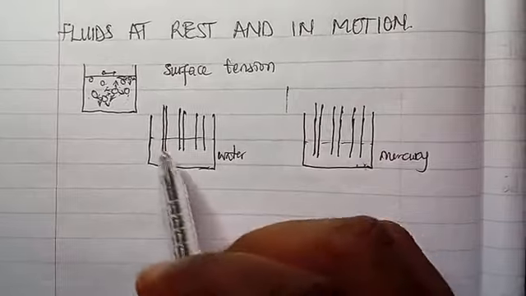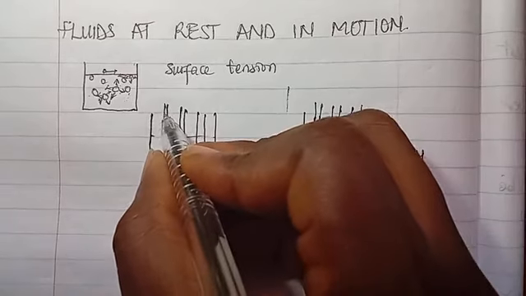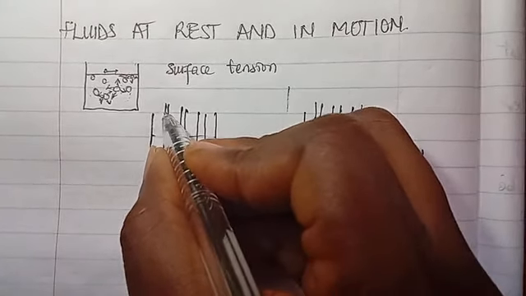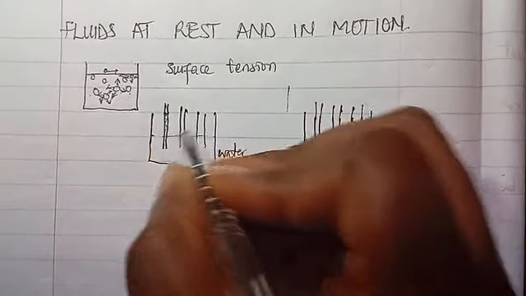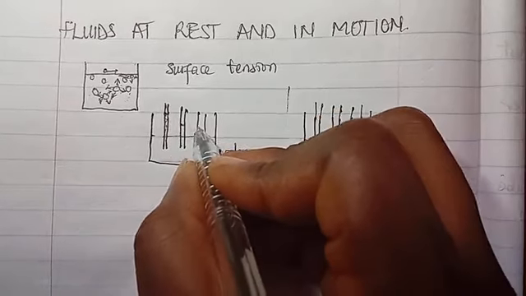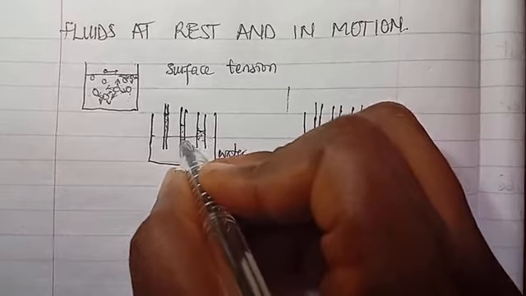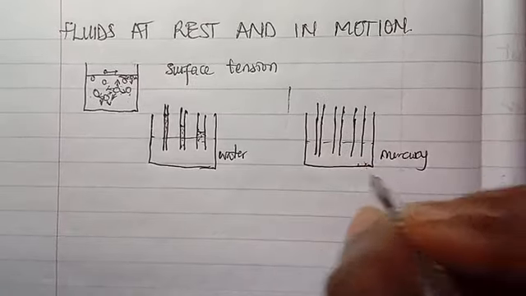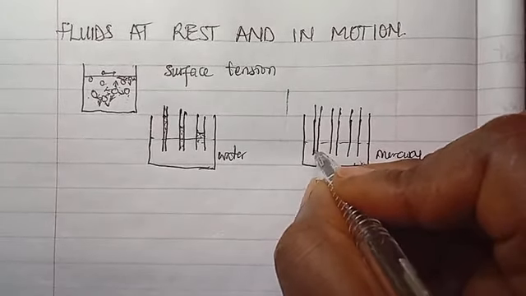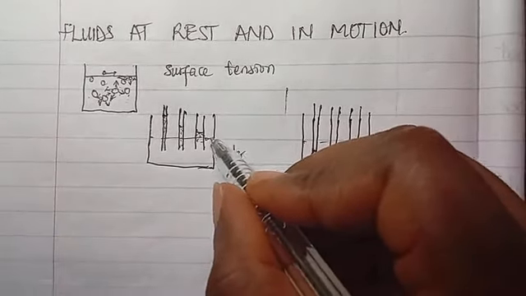Now, when we place these tubes inside, we are going to notice that for water, the water will rise at different levels for these different sizes of glass tubes. Then for mercury, we are going to notice a fall below the surface. This is rising above the surface.